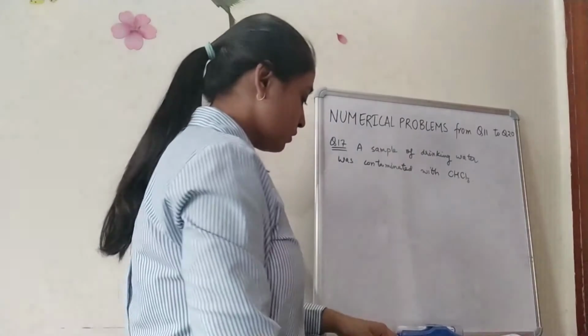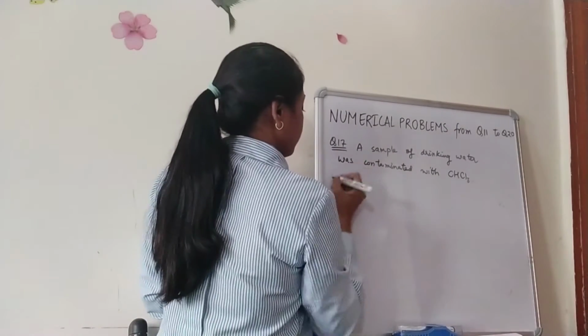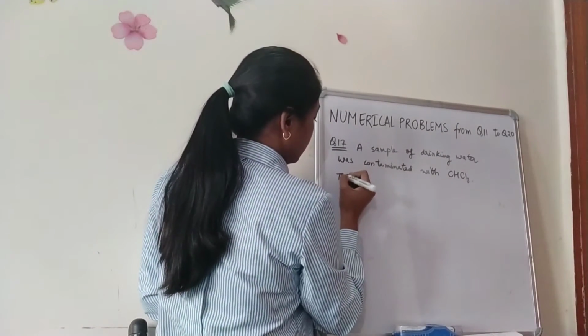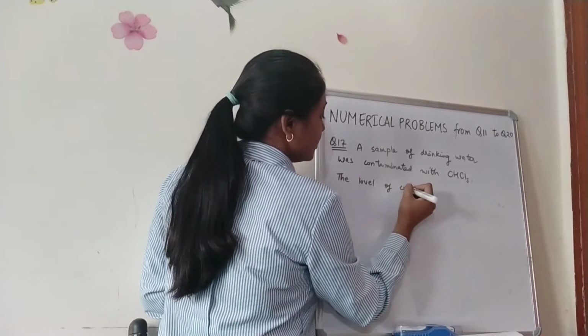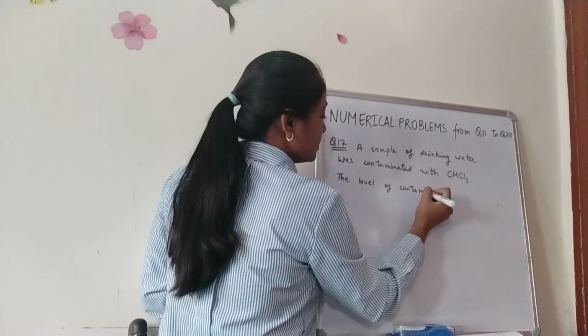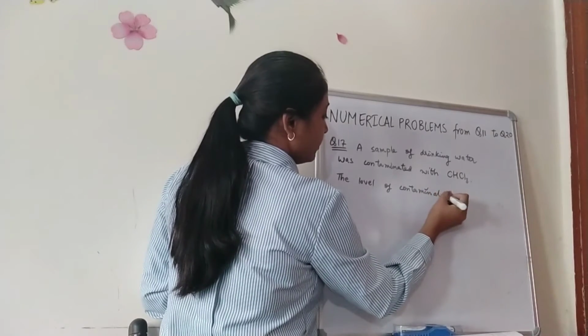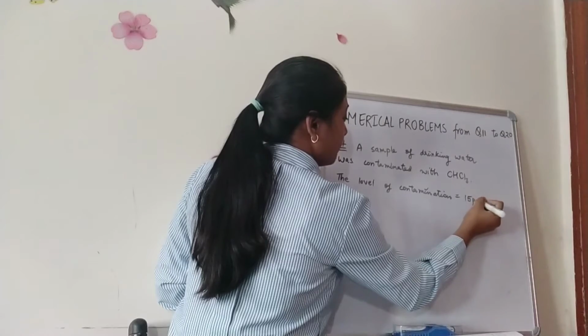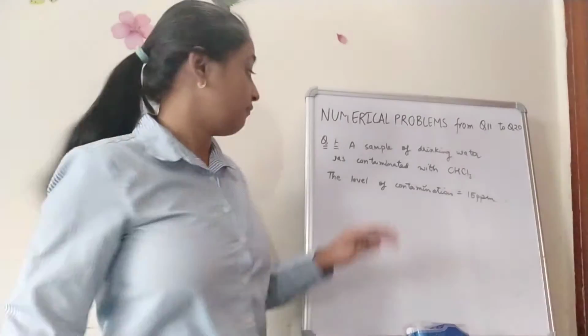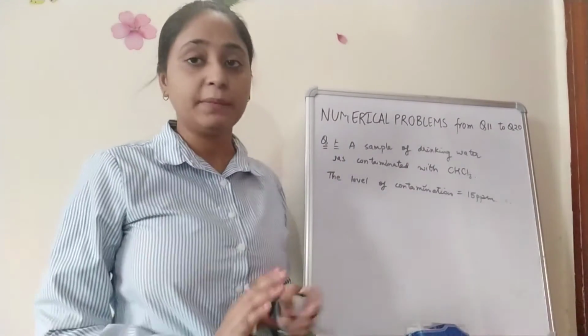Here the level of contamination is given as 15 ppm. So the level of contamination is 15 ppm given here.